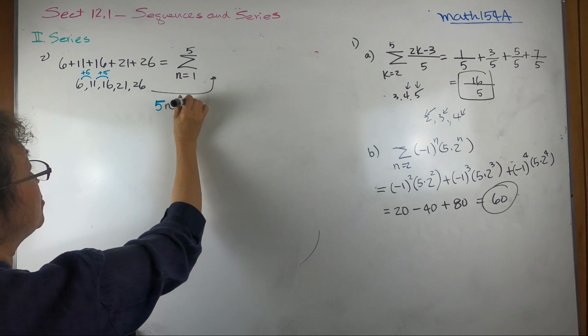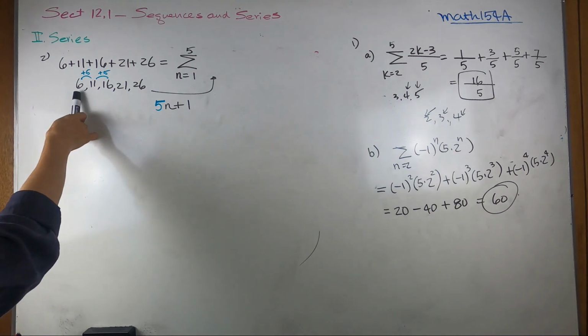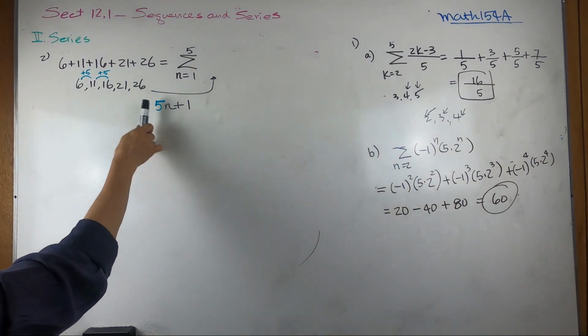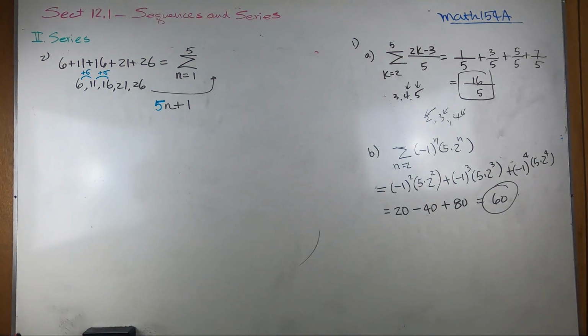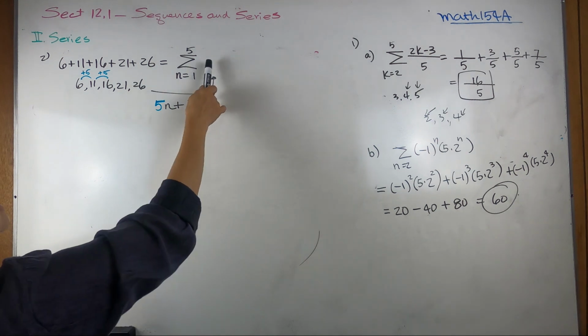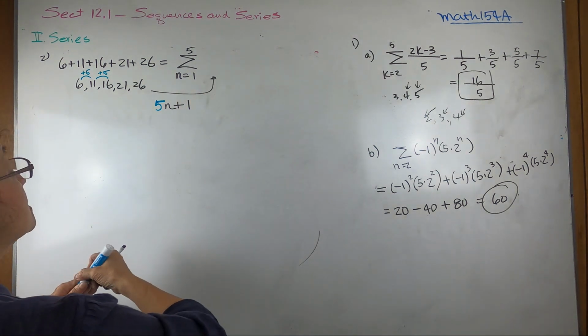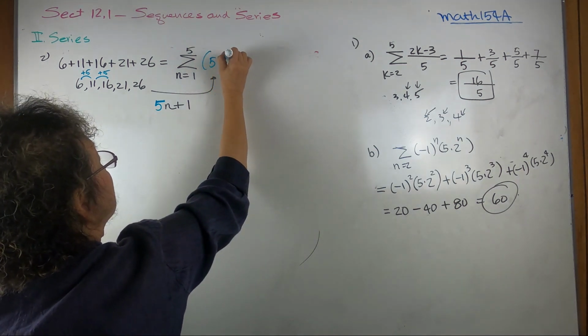First one is plus 1, right? So the pattern means n is 1, that would be 6. n is 2, that would be 11. n is 3, that would be 16. So what you would do is write this general term pattern here. So you write it this way, 5n plus 1.